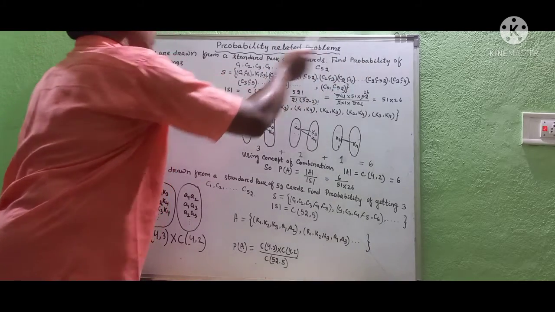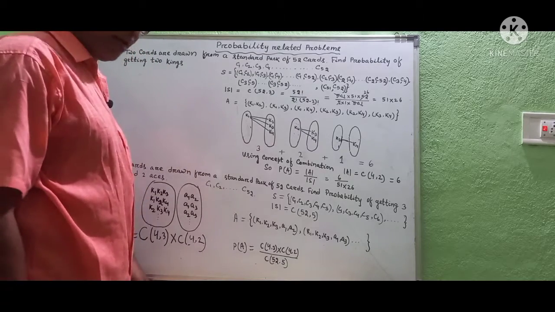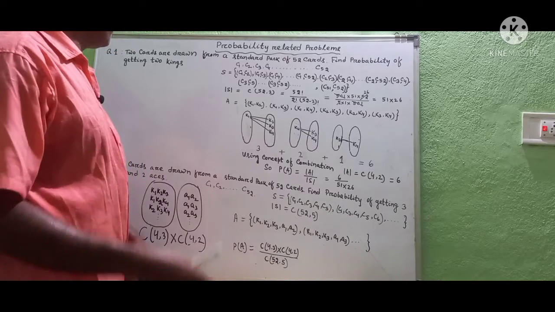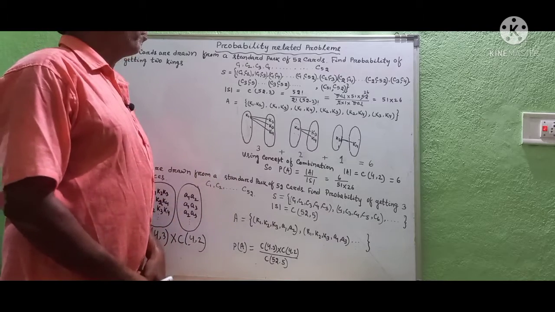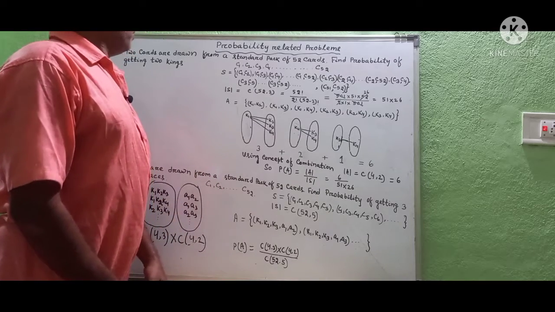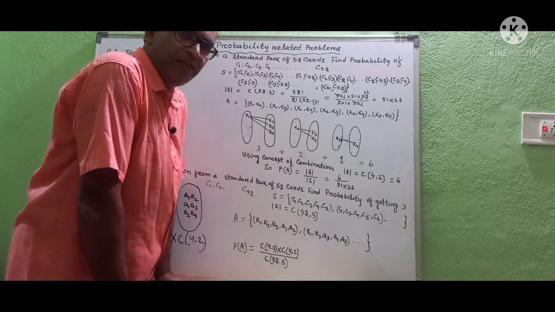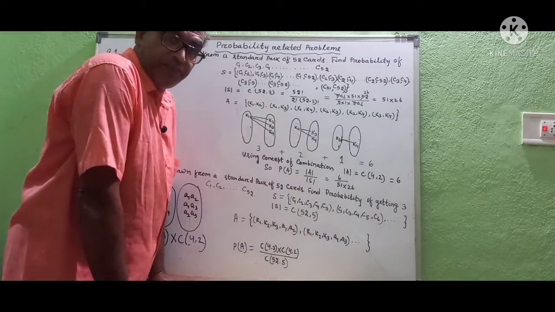Find probability of getting two kings. Right? That means here total 52 cards, you know. You will have to draw two cards.